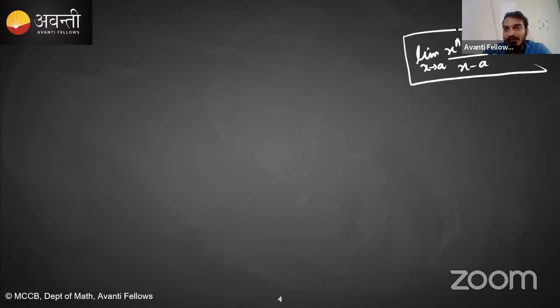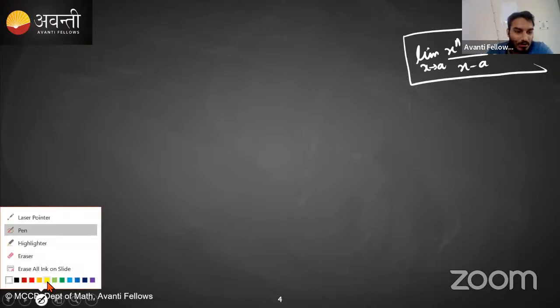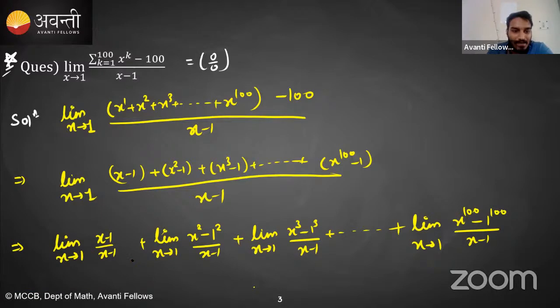You remember from the last class, right? So using this formula on each of these limits, as you can see, it is x raised to the power n minus a raised to the power n upon x minus a, where x is tending to a, right?